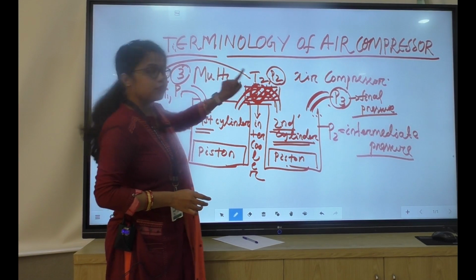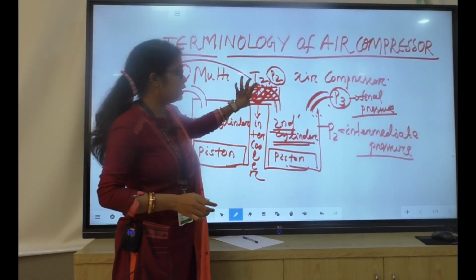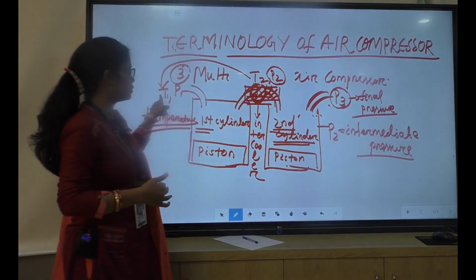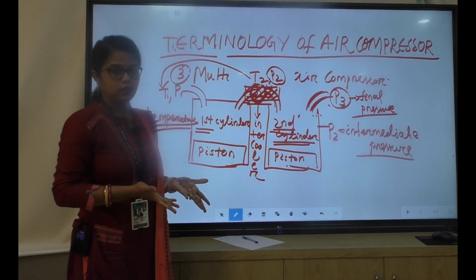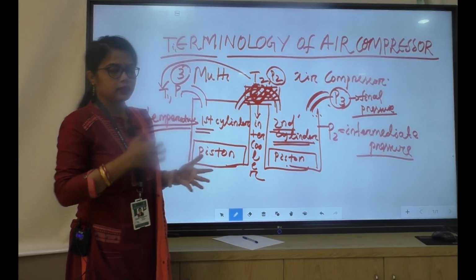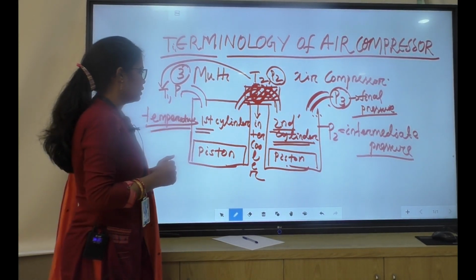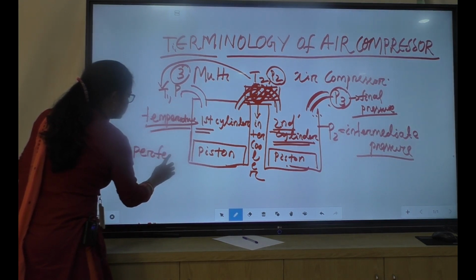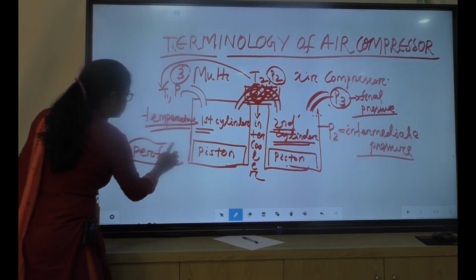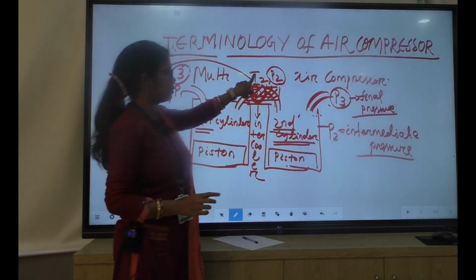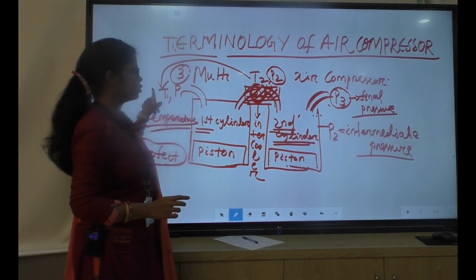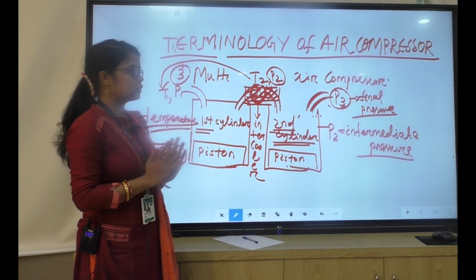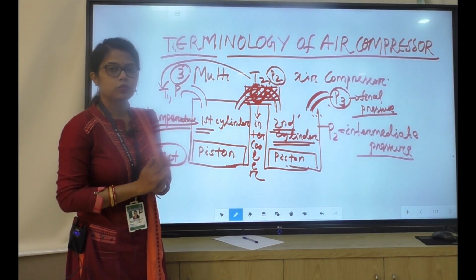If by using this intercooler we can reduce the temperature up to T1 completely, then it is called perfect intercooling. What is this called? Perfect intercooling. That means if the temperature T2 is reduced up to T1 exactly, that is perfect intercooling.